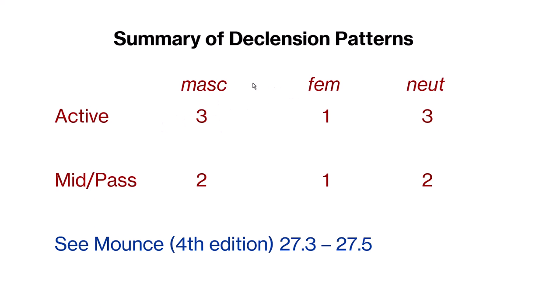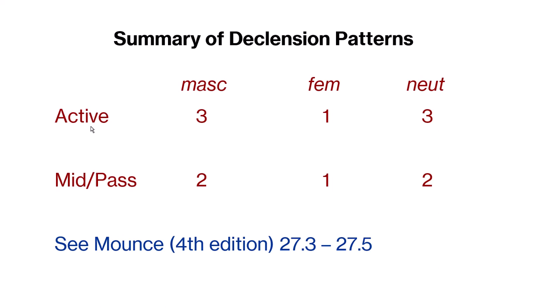And then for the feminine in the active, we're going to have first declension. And then for the middle passive, in the present tense, we're going to have second declension endings for the masculine and the neuter, and then first declension for the feminine. Actually, we'll always have first declension for feminine, and that's a handy tip.